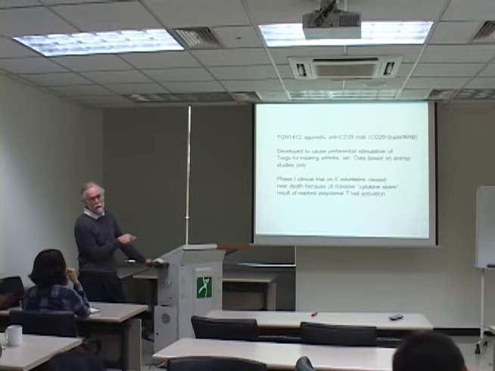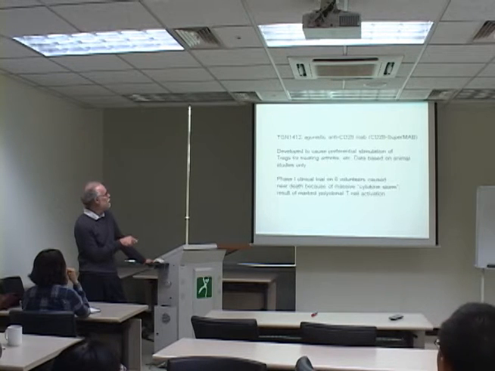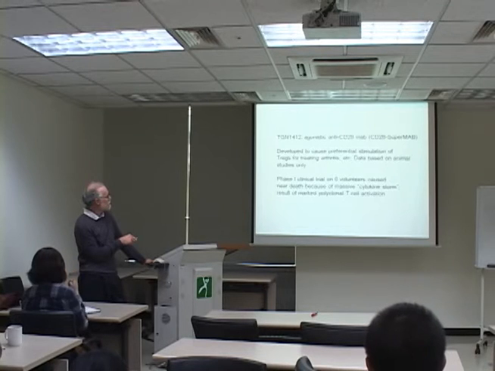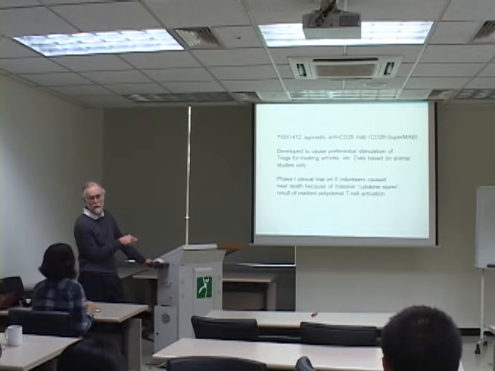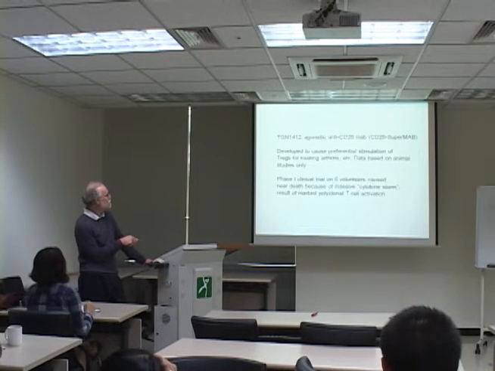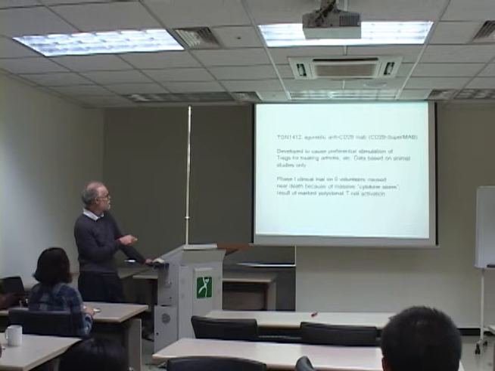And it was developed clinically to be used for stimulating Tregs, because in rats it was found that if you injected these antibodies into the rats, it would selectively expand Tregs. And so it was thought that this would be a useful treatment to treat autoimmune disease such as arthritis.